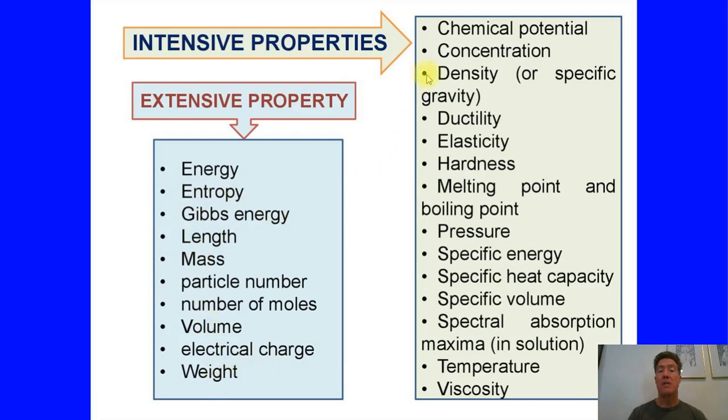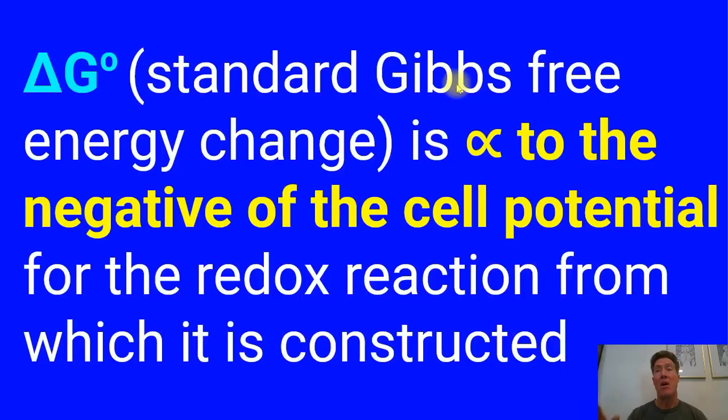These are extensive properties. But intensive properties are things like density or pressure or specific heat capacity, temperature. They're not going to depend on the amount. And voltage is one of those things that doesn't depend on the amount of something.